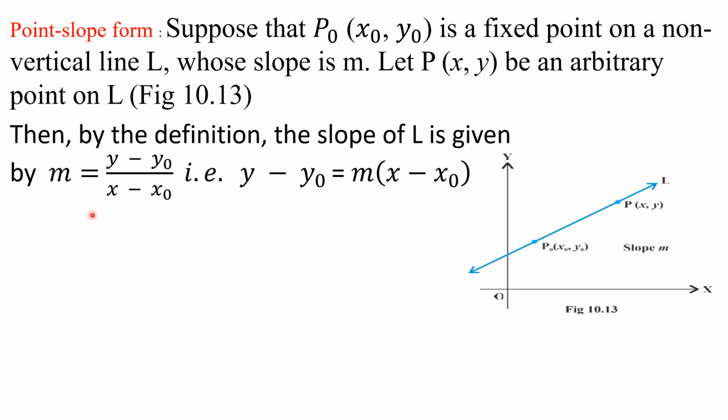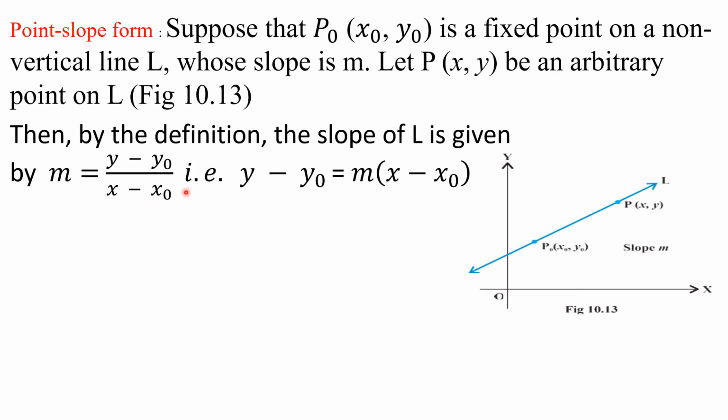Two points are given on your line. M is equal to y2 minus y1 by x2 minus x1. In our mind, we assume that this is x1 comma y1, this is x2 comma y2. Understood this equation, my children?